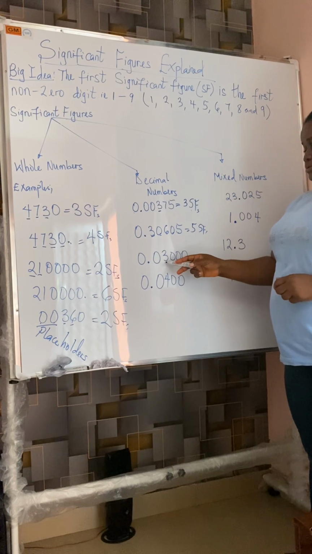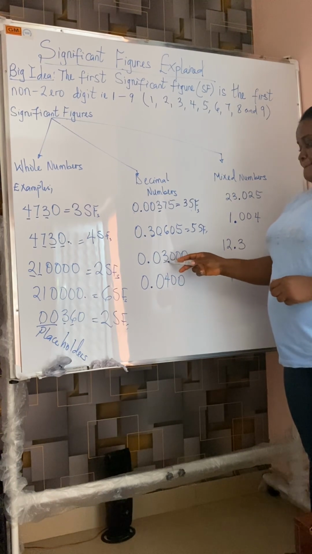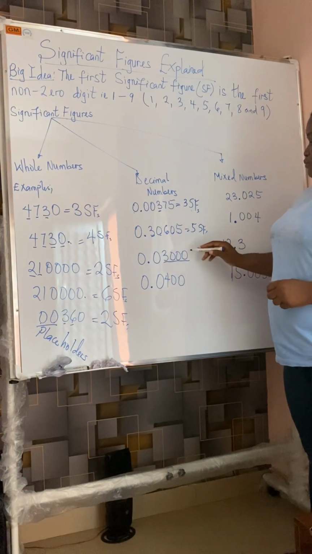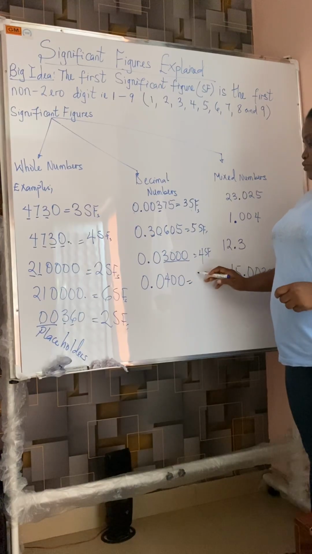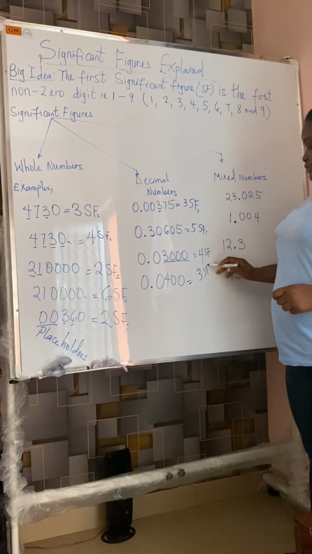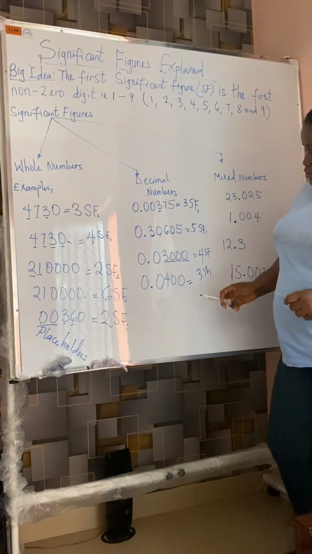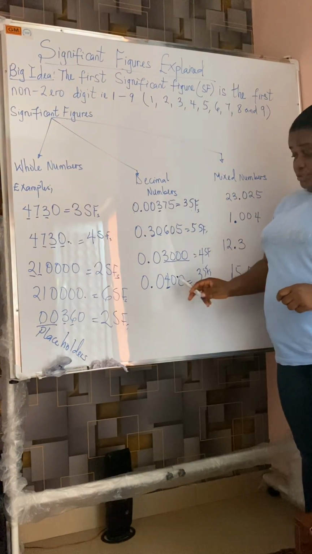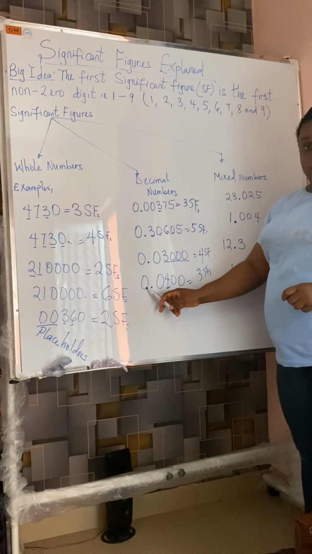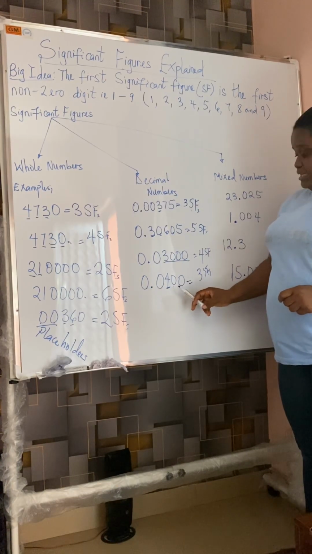In this case, notice what we have here. Here we have 4 significant figures, and in this case we have 3 significant figures. Why? Because notice where we have the first non-zero. The first non-zero is here. This is not significant. This is significant.